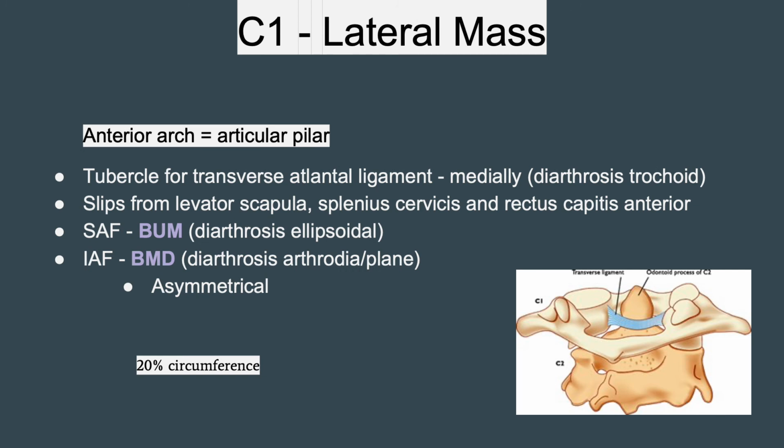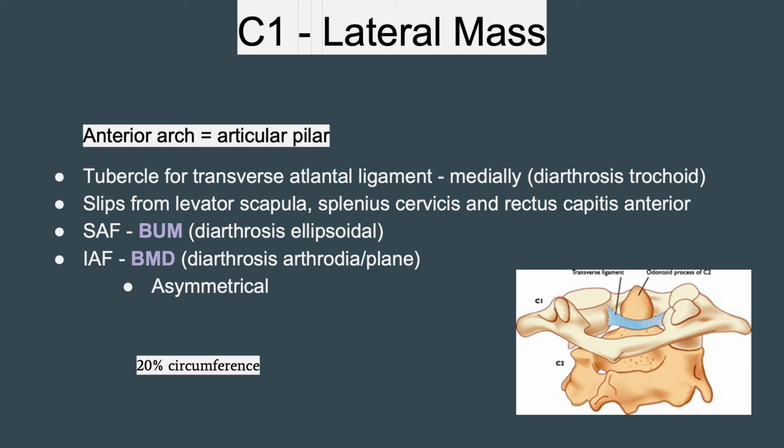The lateral mass, remember, that's going to be homologous with the articular pillar. When we talked about the typical cervicals, remember they had BUMFOLD, B-U-M-F-O-L-D, for their superior articular facet and inferior articular facet orientations.